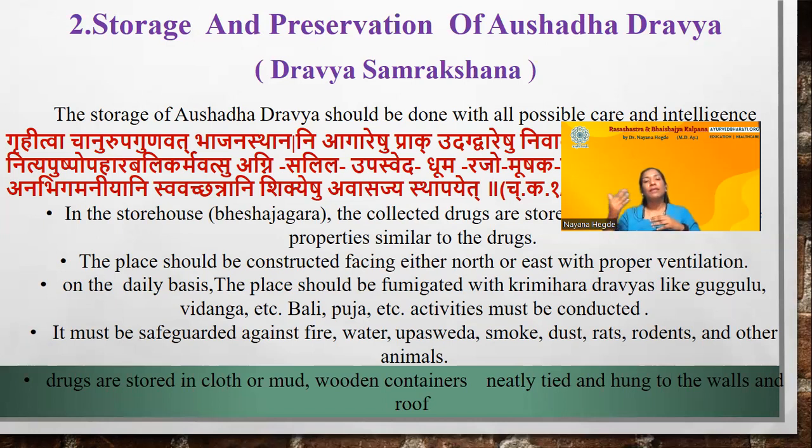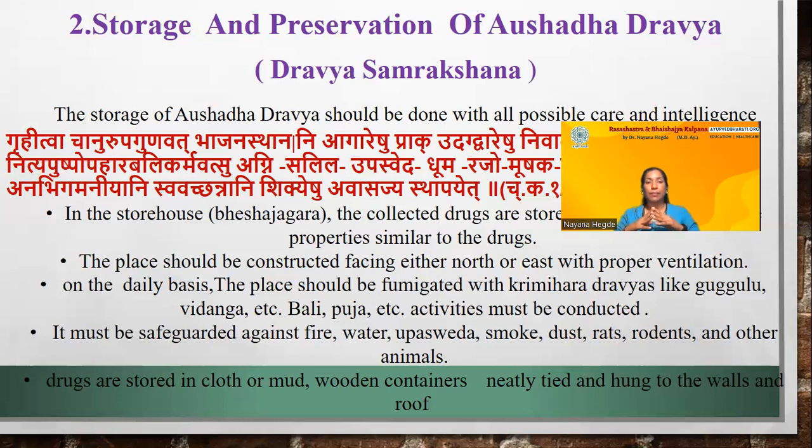मतलब क्या है, द्रव्य संरक्षण कैसे करना चाहिए. तो इतने एफर्ट डाल के हमने द्रव्य को कलेक्ट किया है तो हमको अच्छे से उसको संरक्षण भी करना चाहिए. संरक्षण क्यों करना चाहिए, सभी द्रव्य सभी सीजन में नहीं मिलते हैं.